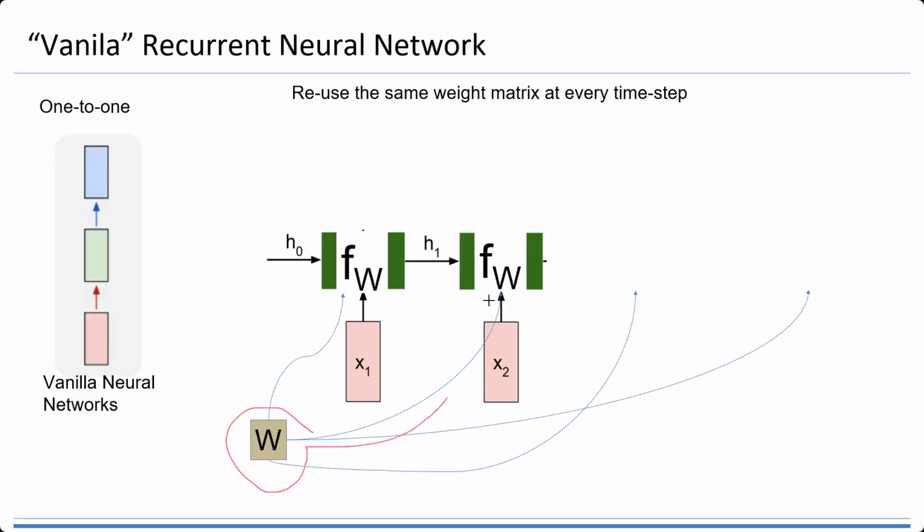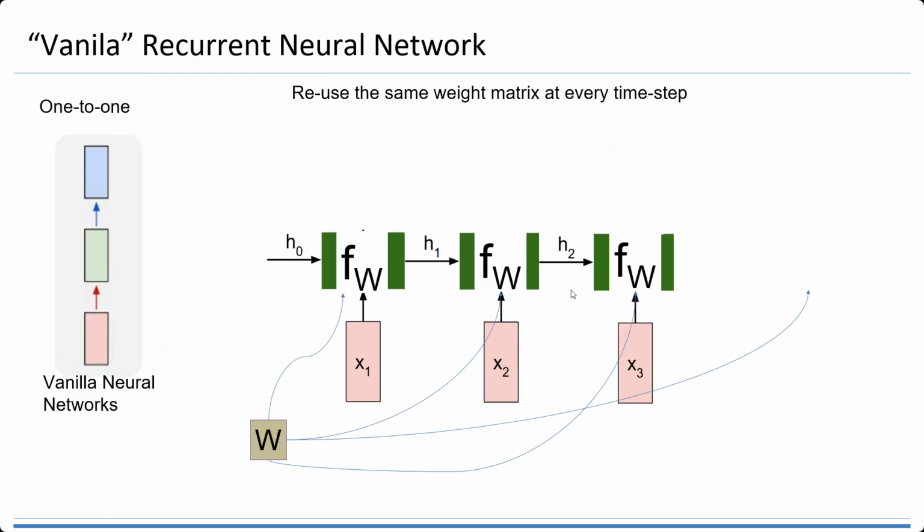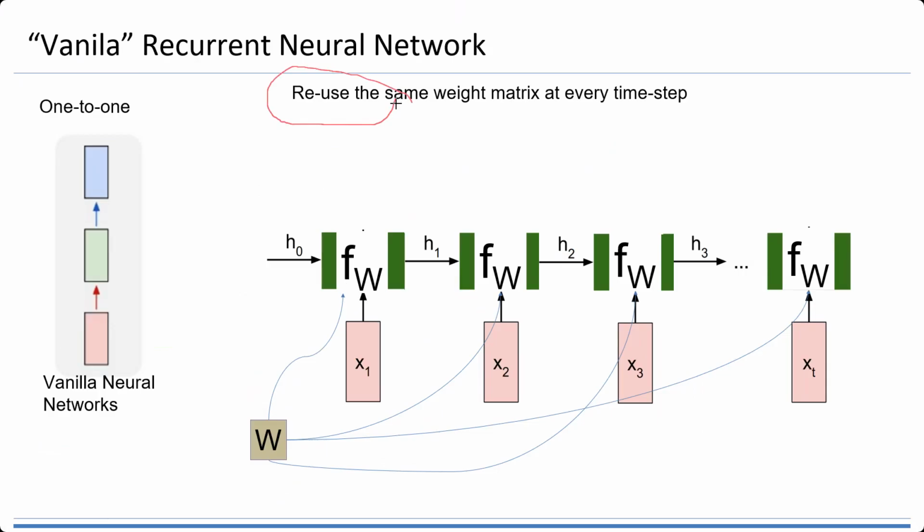So with the same weight, we calculate from h1 and x2 to produce h2. Again the same way to calculate from h2 and x3. And using the same way, we calculate from the particular time t until t plus 1 and so on. We will reuse the same weight. The weight is the same. So that's what we call the vanilla recurrent neural network.